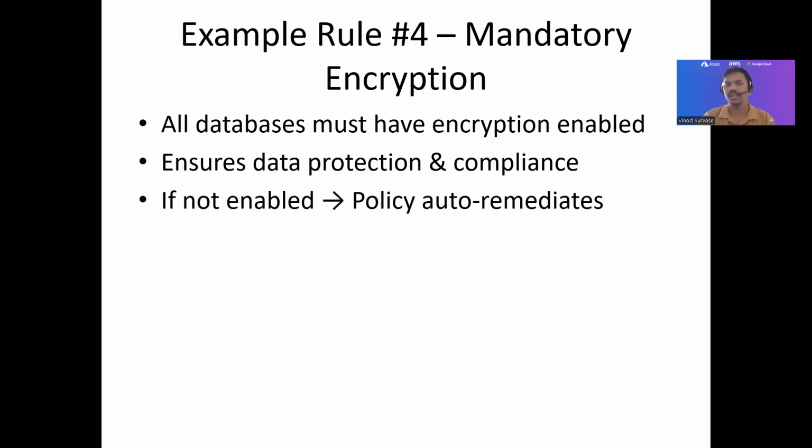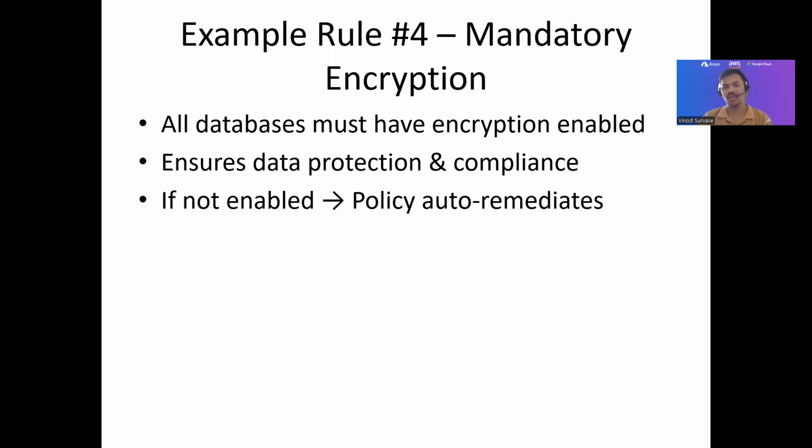Number four is mandatory encryption. So this is something where we want to encrypt each and every workload across the platform, including databases, including services which are connecting and communicating with each other. And those should have appropriate encryption enabled and configured, and everything is going to be blocked when it comes to encryption, right?